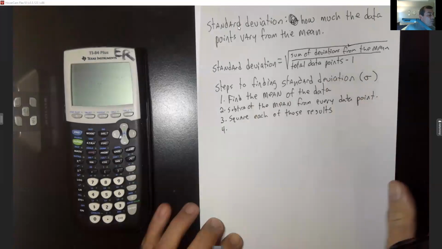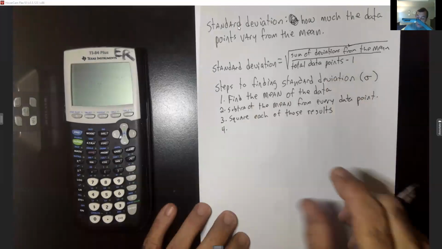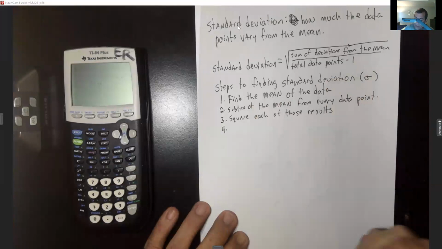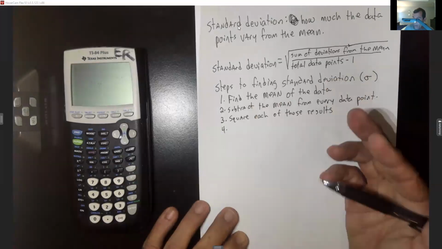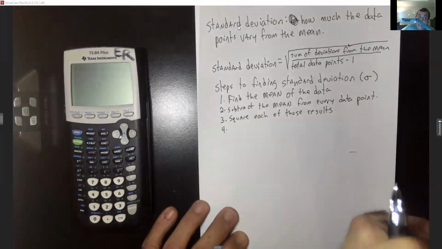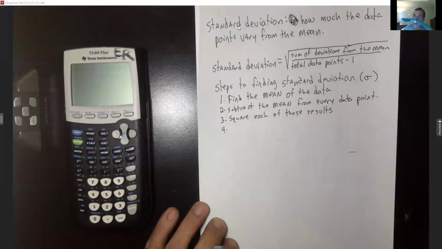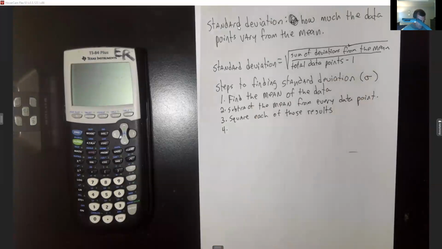So I'm going to square each one of my results, which means if you got a positive, when you square that, it's going to be positive. And when you square a negative, it also becomes a positive, because remember, a negative times a negative is a positive.